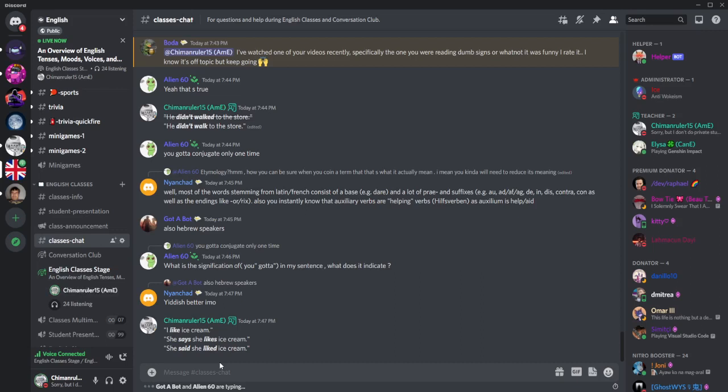We call them reporting verbs because they tell someone else something, like they report information. And the verb in the subordinate clause has to match in tense. She says she likes ice cream, both present tense. She said she liked ice cream, both past tense. And it works like this in other languages too, like French, Portuguese, Spanish, Norwegian as well.